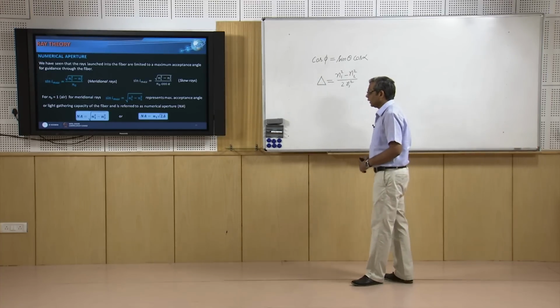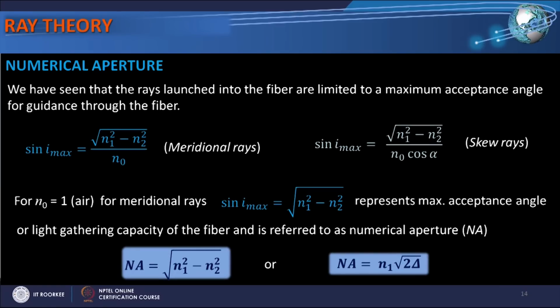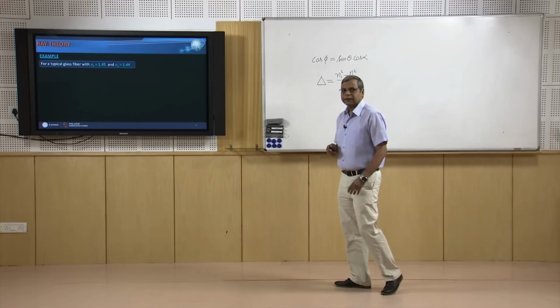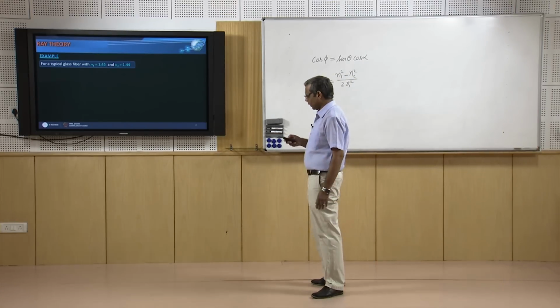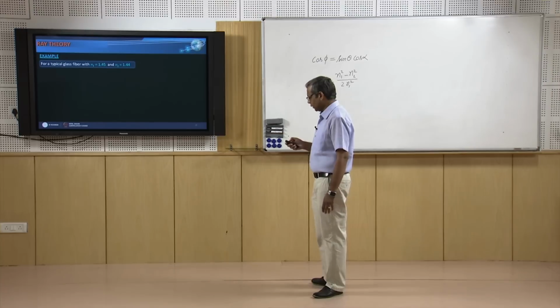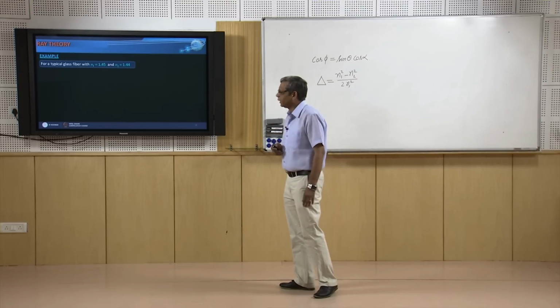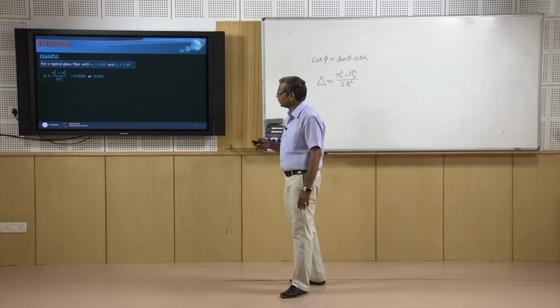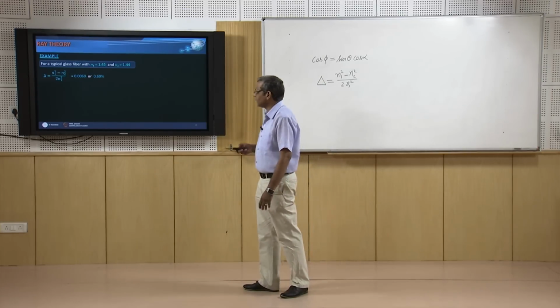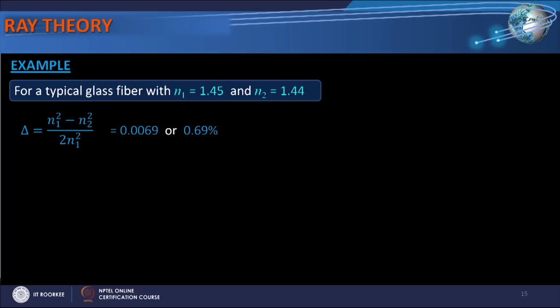So, you get it as n1 square root of 2 delta. Let us consider an example. For a typical glass fiber with n1 is equal to 1.45 and n2 is equal to 1.44, delta is equal to about 0.69% and NA is equal to 0.17.